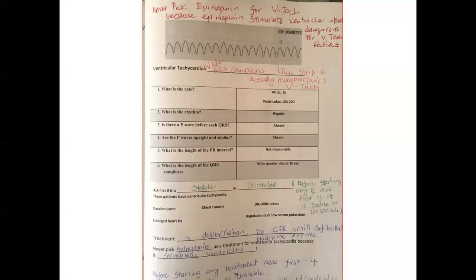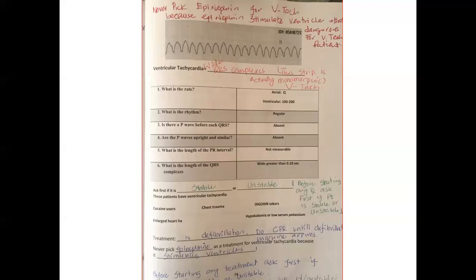Then we start the medication. It is important. What does stable or unstable mean? A stable patient means the patient's blood pressure is normal, right? If the blood pressure or vital signs are not normal, we say unstable patient.